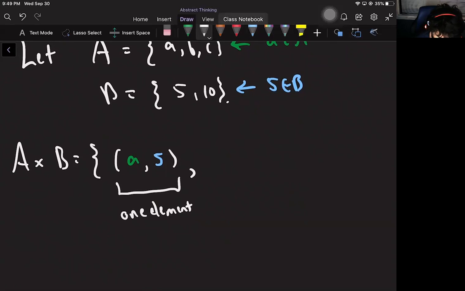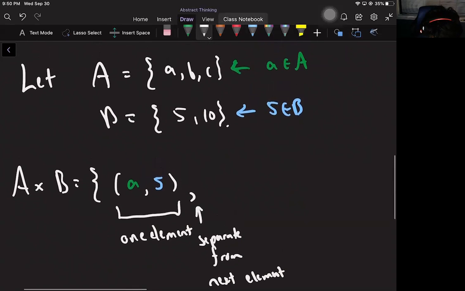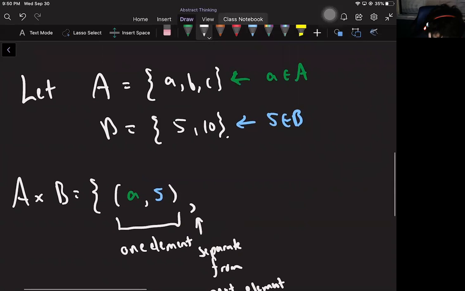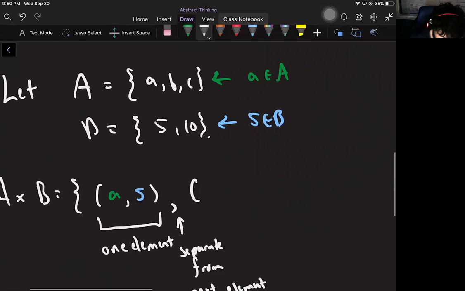Now each element is actually a pair of things, but I still separate it from the next element with a comma. So this first comma is separating the ordered pair, and the second comma, the super comma, is separating one element from the next. Okay, so what's another element in here? Well, a can be paired with 10 instead.